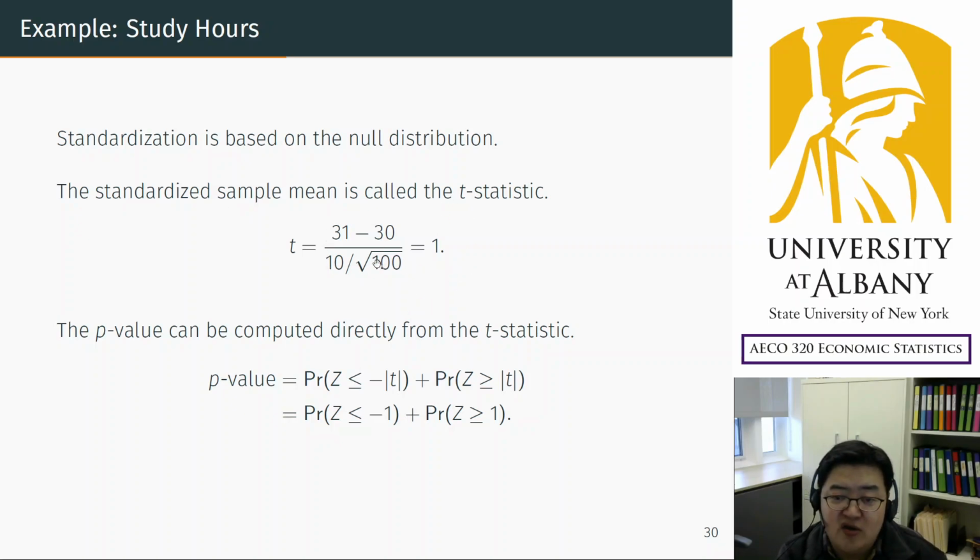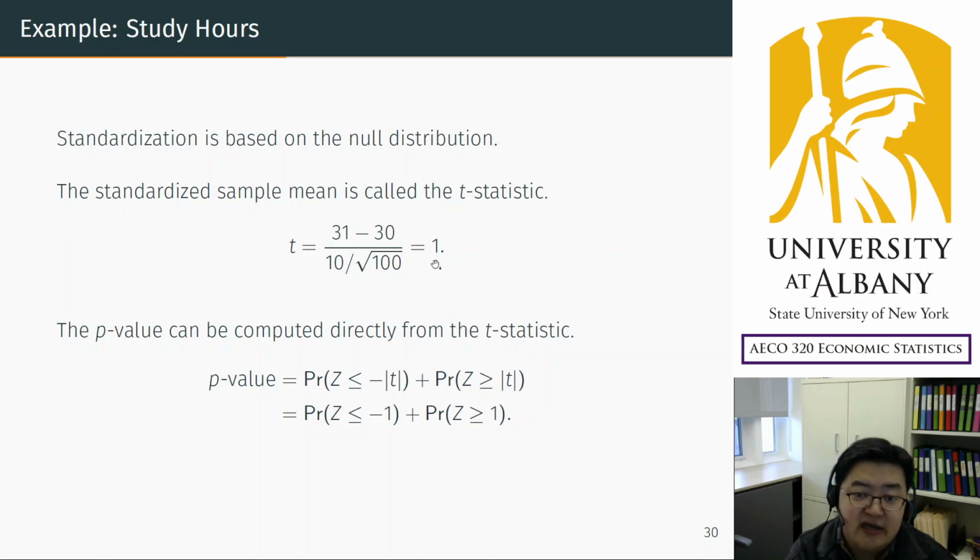In other words, I would interpret it this way. 30 is what you believed, and 31 is what you observed. So 31 minus 30 is the difference between your belief and your data. And they are standardized by the standard deviation, the sampling deviation, the standard error.